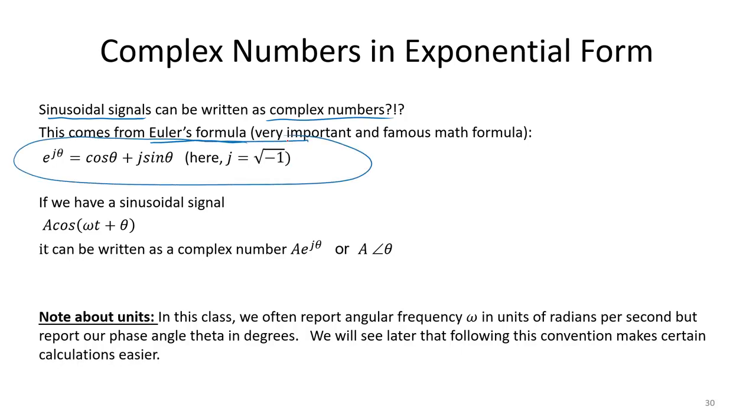Mathematicians have figured out that e to the j theta, where j is the square root of -1, must equal cosine theta plus j sine theta. So if we have a sinusoidal signal of the form A cosine of omega t plus theta, we can write that sinusoidal signal as a complex number A e to the j theta.